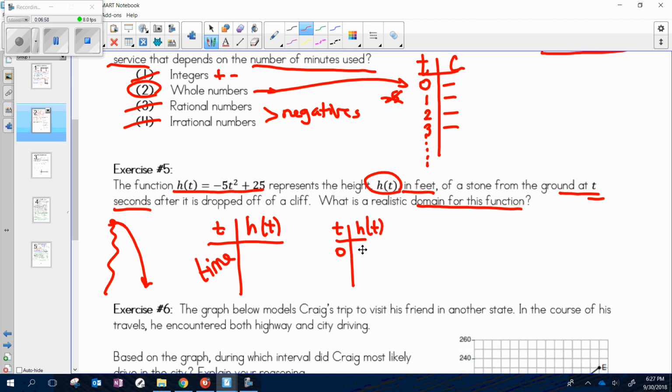If the cliff was, say, 200 feet, however high the cliff was, then as time goes on, in terms of seconds, the stone is going to reach the ground eventually. So I would say the domain for this function would be, I want to say it this way, from 0 until time t. T is when it drops off the cliff.